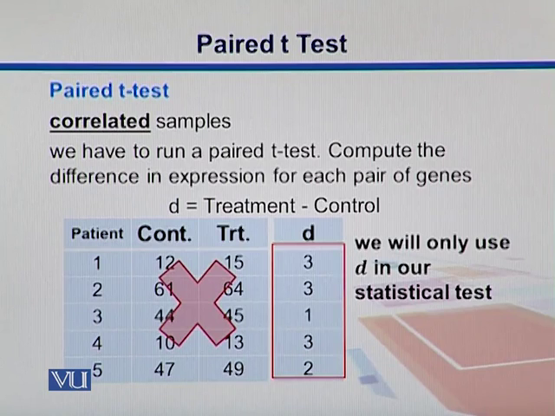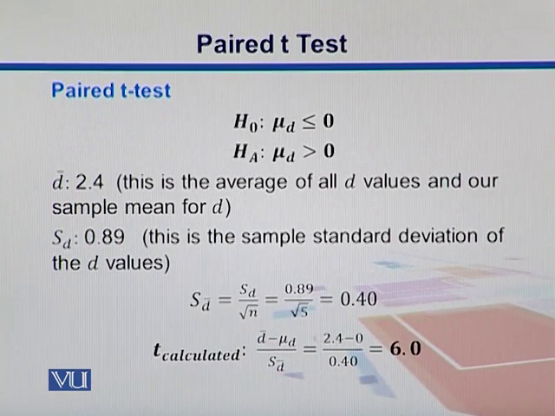When we come up with their mean, it becomes D bar, and we can run a one sample t-test on this. For that, under the null hypothesis we assume that there is no difference, or the difference is less than or equal to 0, whereas our alternative hypothesis is that the difference is greater than 0.